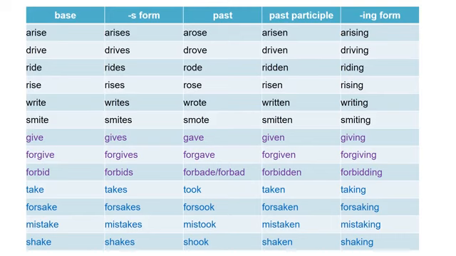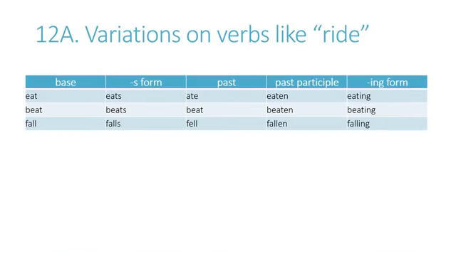Now we'll see some variations on verbs like ride. Notice that they have the same -en ending, but the past tense is going to be different. For example, eat, ate, eaten. Beat, beat, beaten.